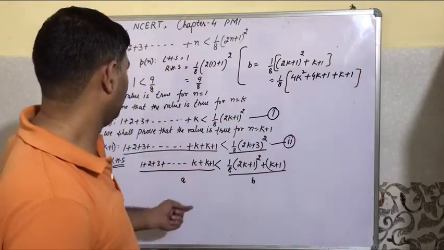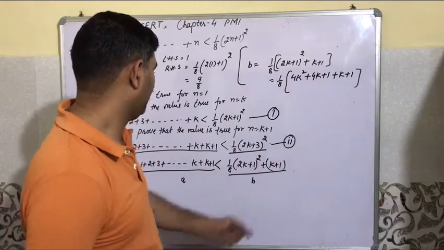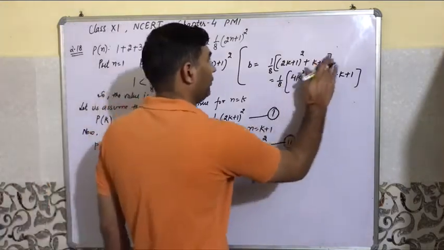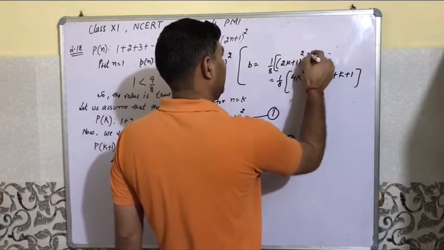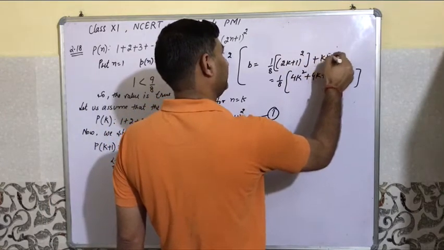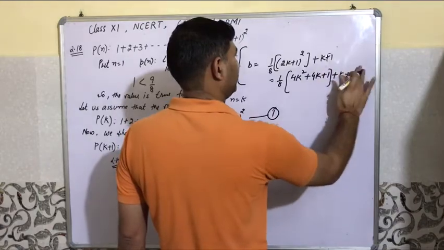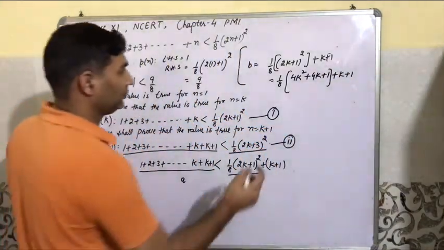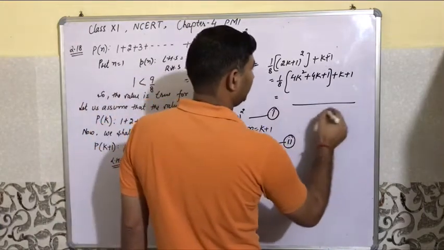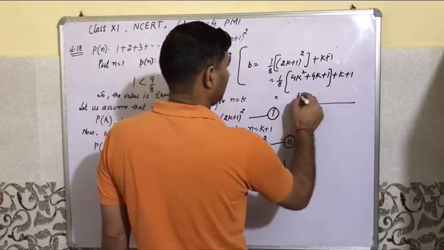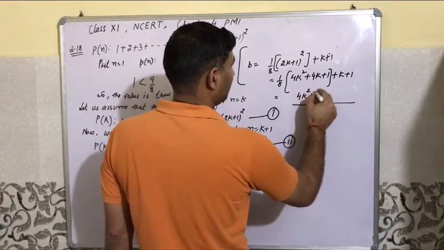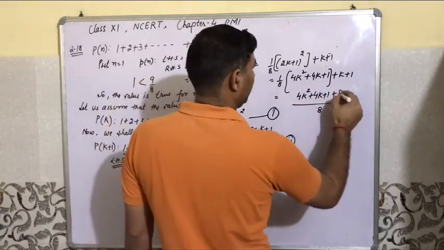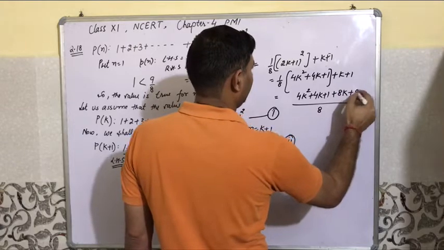Here 4k is this, and k plus 1 is a separate term we have. Then taking LCM 8, it is 4k square plus 4k plus 1 plus 8k plus 8.